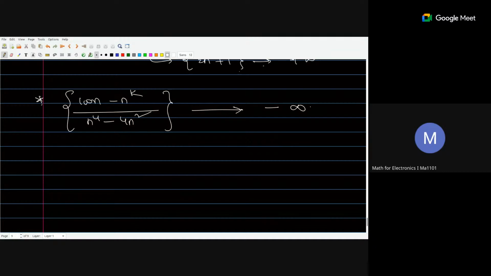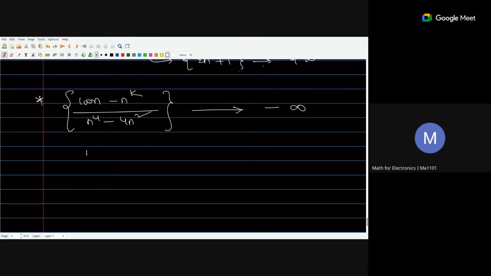So when can this diverge to minus infinite? The numerator should dominate the denominator, and the sequence should also go onto the negative side. That is when this sequence will diverge to minus infinite.